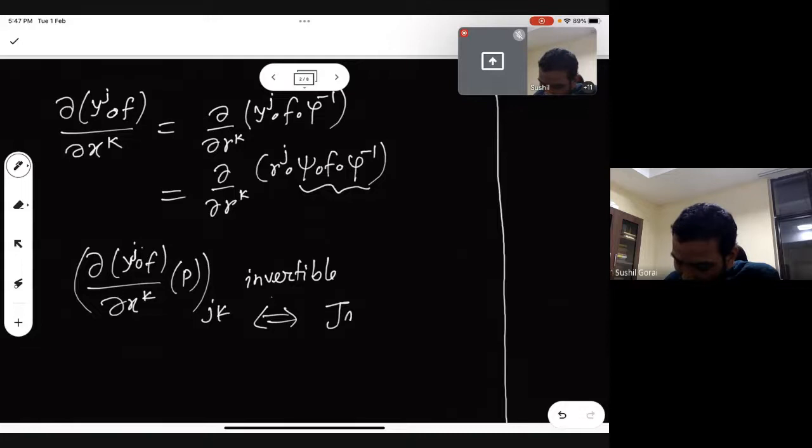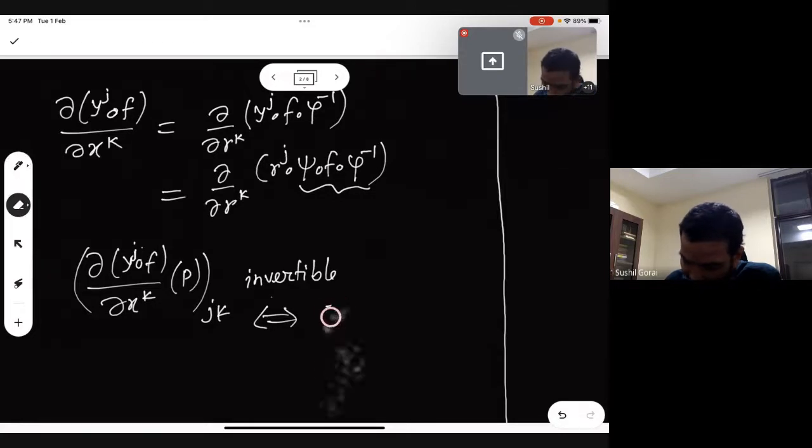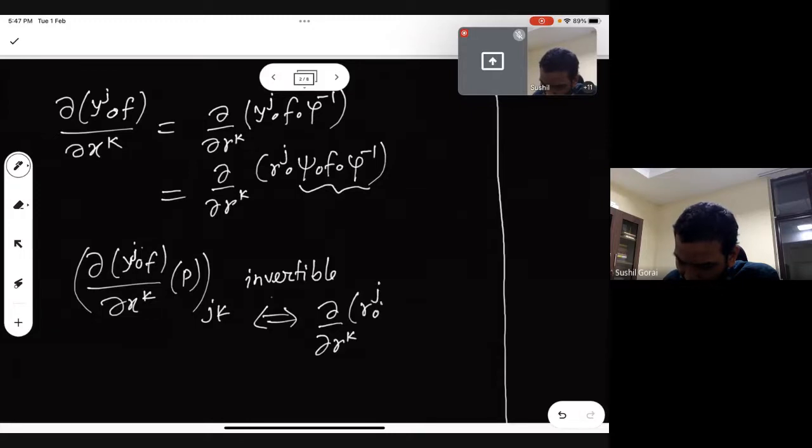The Jacobian. So, yeah, let me write it step by step. So this is del by del rk of rj compose psi compose f compose phi inverse at phi p, jk is invertible.